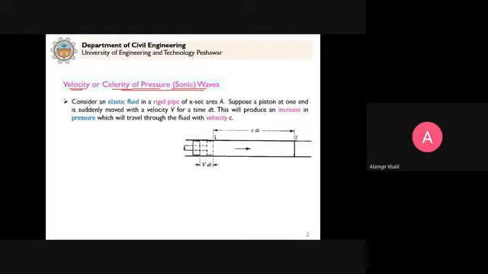To derive the equation for velocity or celerity of pressure waves, we consider an elastic fluid. Elastic fluid means we consider the fluid as compressible. So far, in most of the problems we treated the fluid as incompressible.